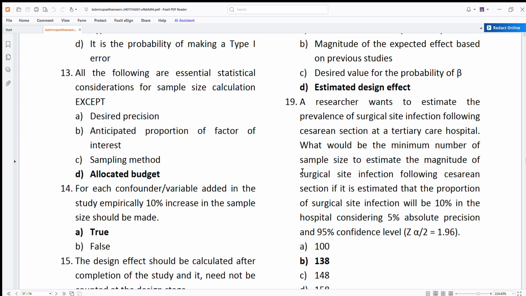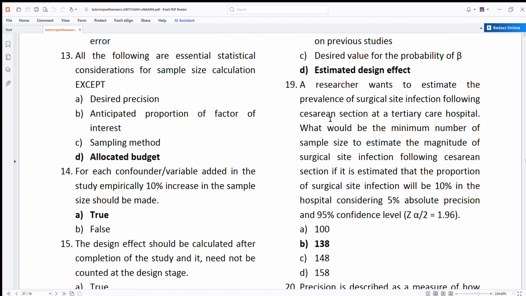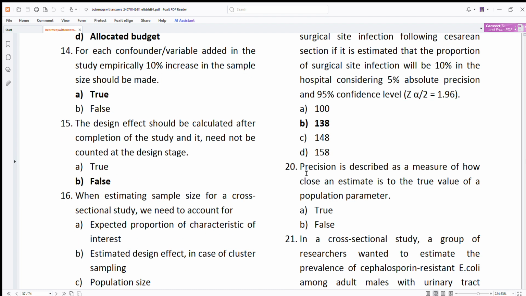Exactly. This answer will be 138. Yeah, you all know this formula, right? Then precision is described as a measure of how close an estimate is to the true value of a population parameter. Yeah, true. That's true.